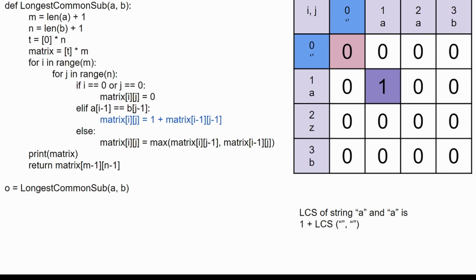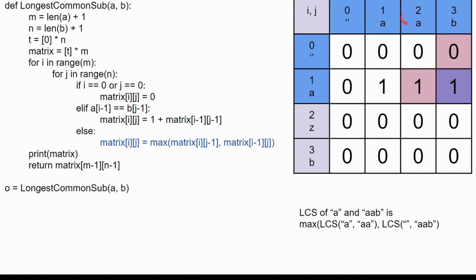So 0 plus 1 is 1. And now we have AA and A. Since the A and the A at the end are the same, you go to this line again. You look at A and empty string, which is 0. So you do 0 plus 1, which is 1.